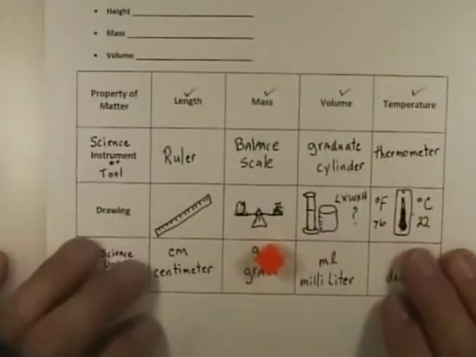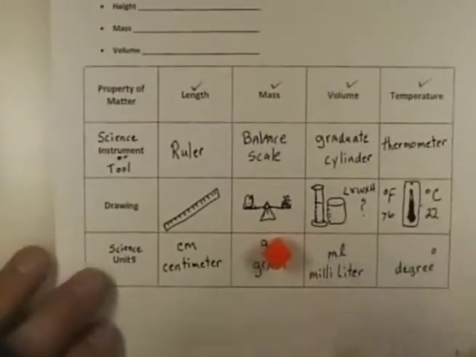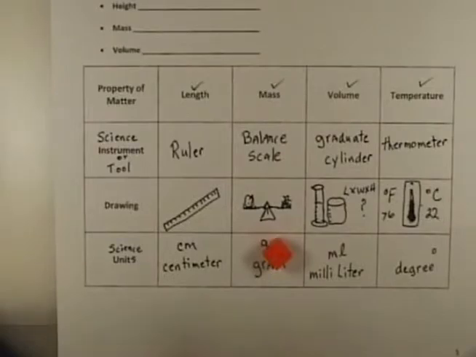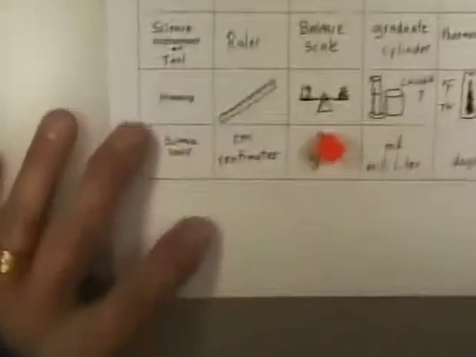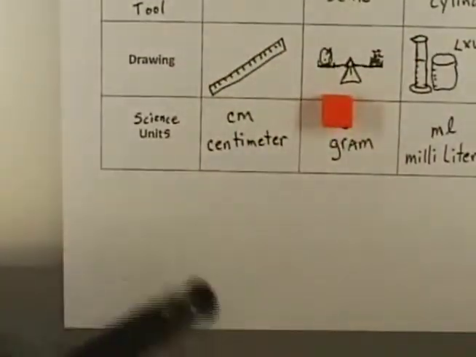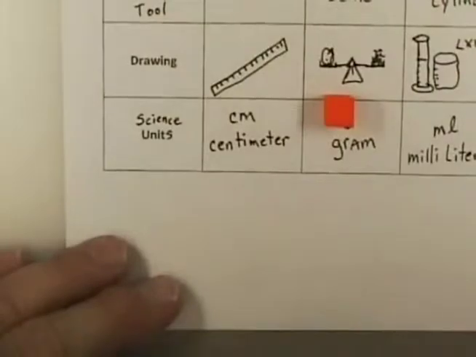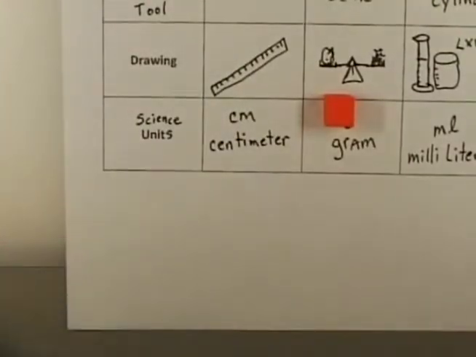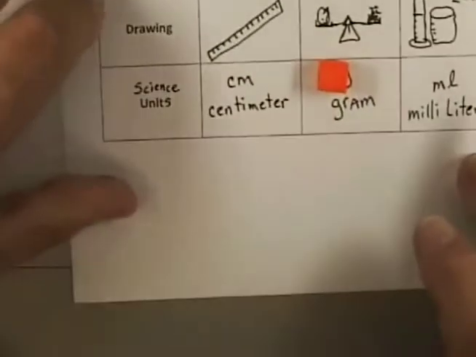Well, you know, I wanted a super duper, all-purpose measuring device. Let's write that down. And supposedly this is the super duper, all-purpose measuring device that beats out the ruler and the balance scale and graduated cylinder.